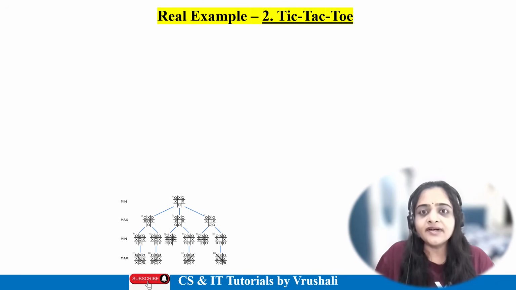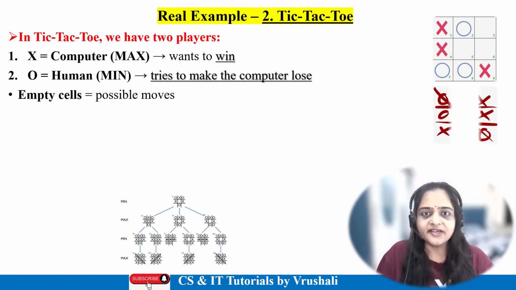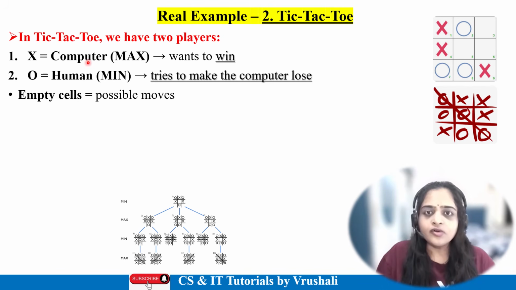Now the second example is tic tac toe. I think you are again familiar with this game. In tic tac toe, assume that X means computer and O means human. So the computer is called max and the human is called min. The computer always wants to win, and the human tries to make the computer lose.